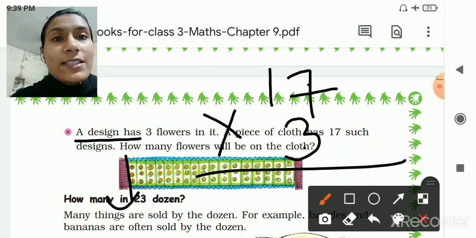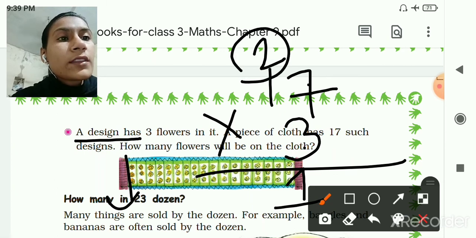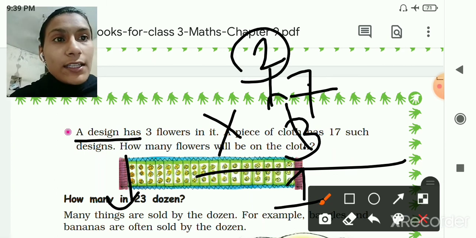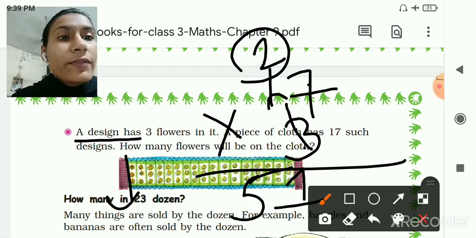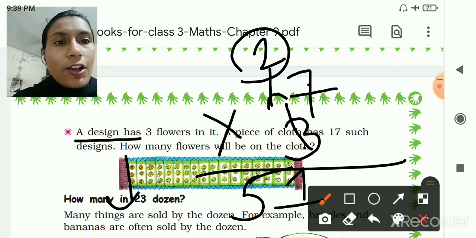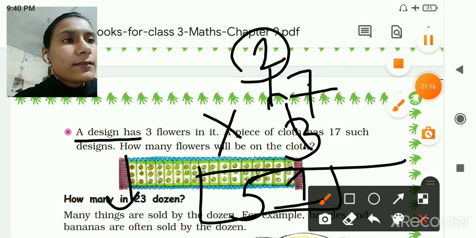Now 3 sevens are 21, so 1 here, 2 carry. Now 3 1s are 3, plus 2 is equal to 5. So 51 flowers will be on the cloth. This is the answer.